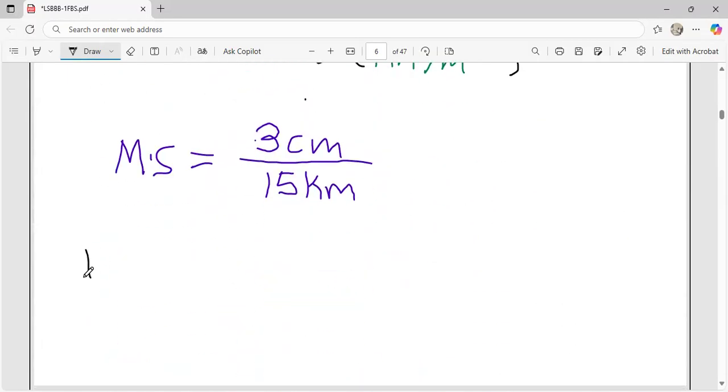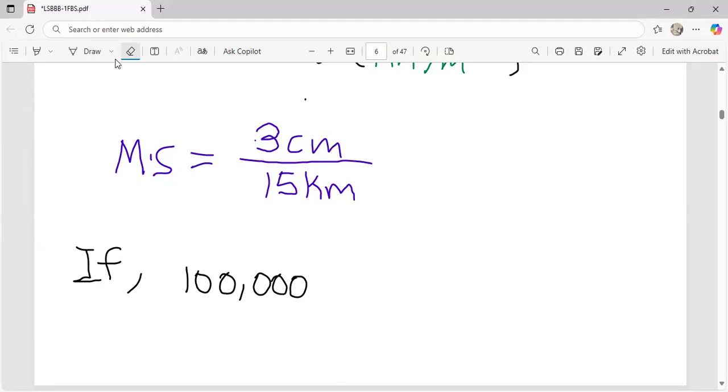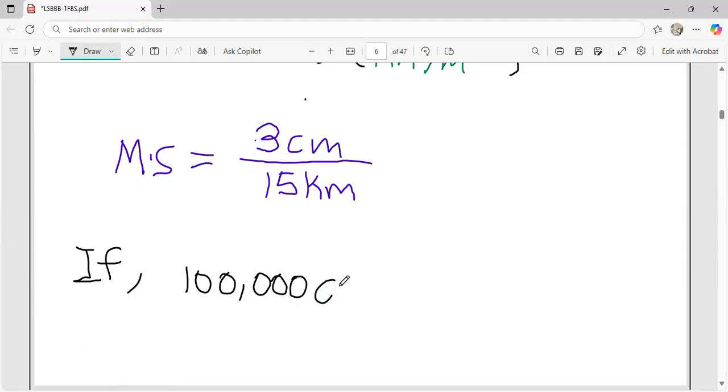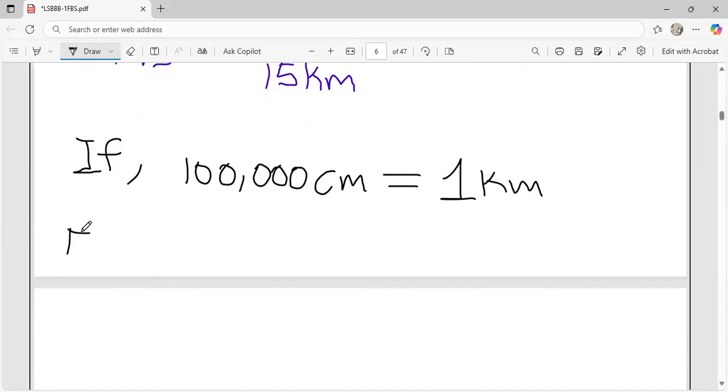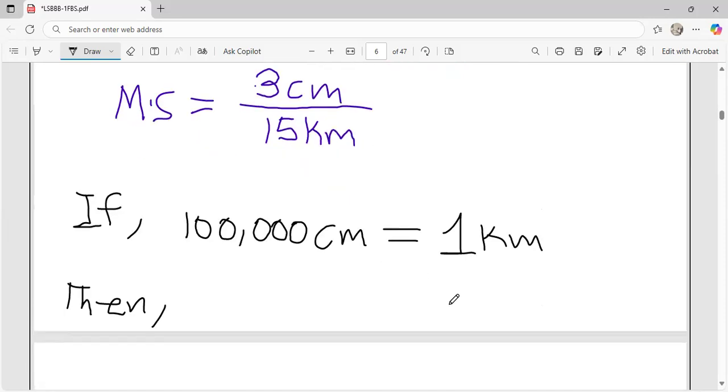So we say that if 100,000 centimeters is equal to 1 kilometer, then it means that our 15 km is equal to what?